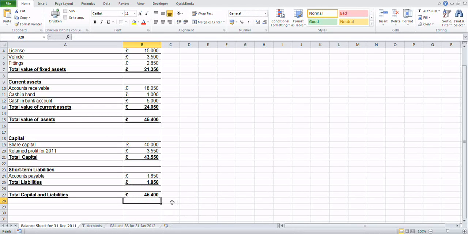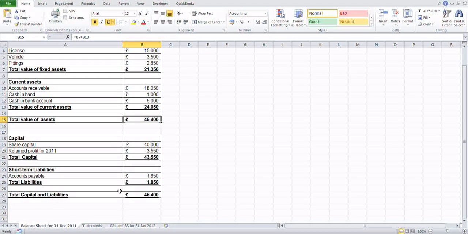And of course, not unsurprisingly, both are the same. Very good. So this was the first step: we were finishing off the opening balance sheet.